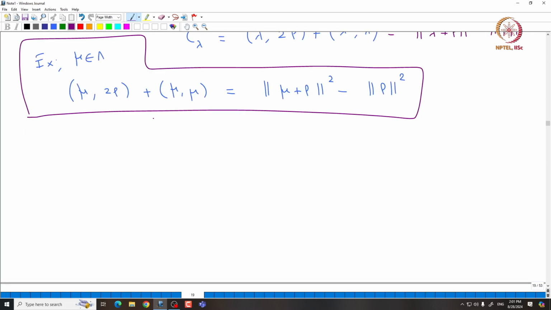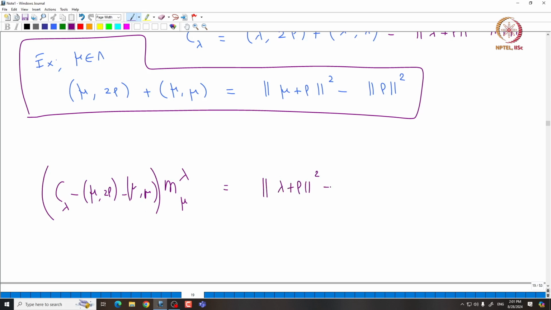So, C_lambda minus (mu, 2 rho) minus (mu, mu) is exactly equal to the norm of lambda plus rho squared minus the norm of mu plus rho squared, times m_mu lambda.